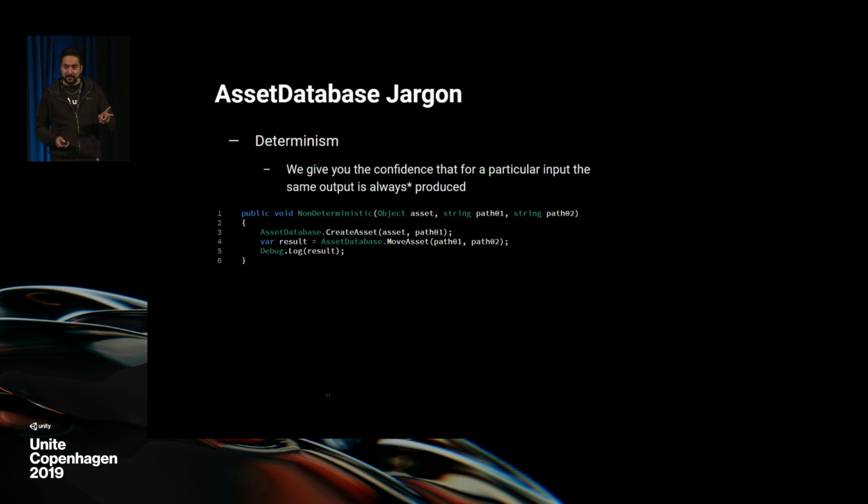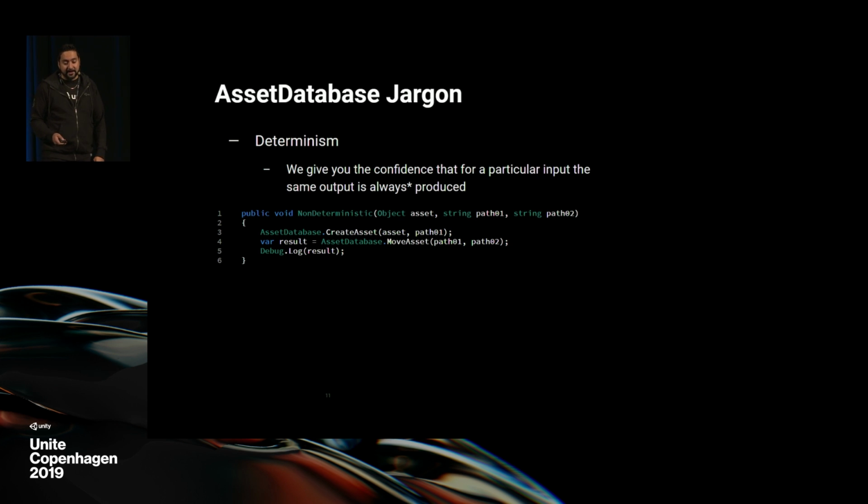But if you call it 2 times in a row with the same input, you're actually going to get a different result. That's because MoveAsset is trying to move something from path 1 to path 2. However, when something exists at path 2, it's going to fail and say, hey, I can't do this.